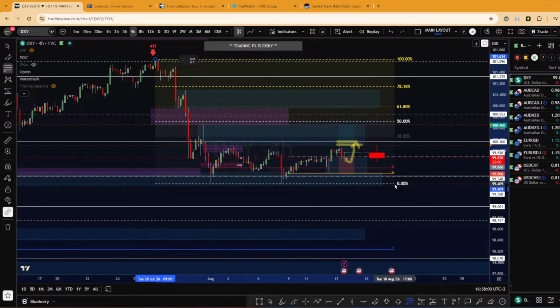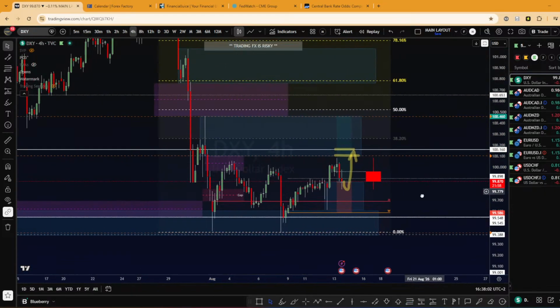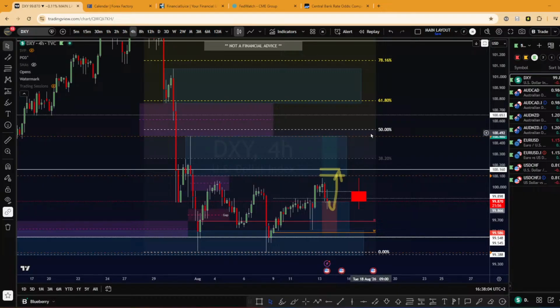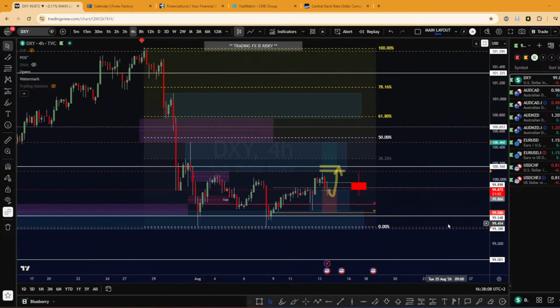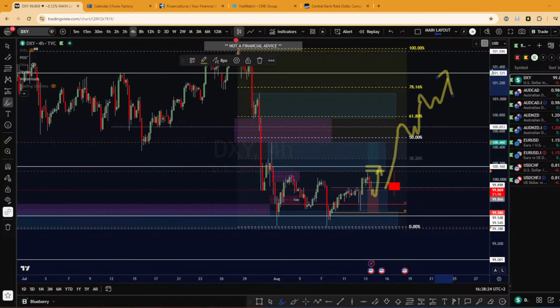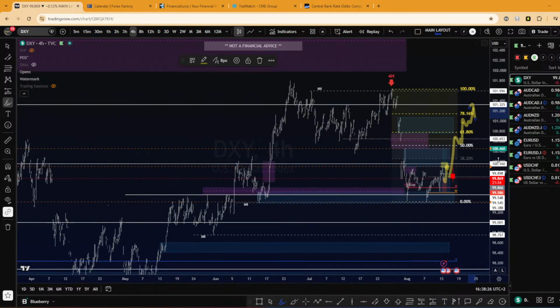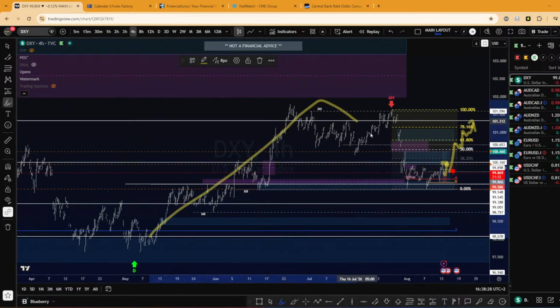See, if I measure this, at some point price needs to retrace to the premium zone before dropping again if the dollar really wants to drop. If not, we are going to retrace first to 50% and then maybe close above this for some 61.8%, and we could have another realignment with the initial trend in the higher time frame, something like this.